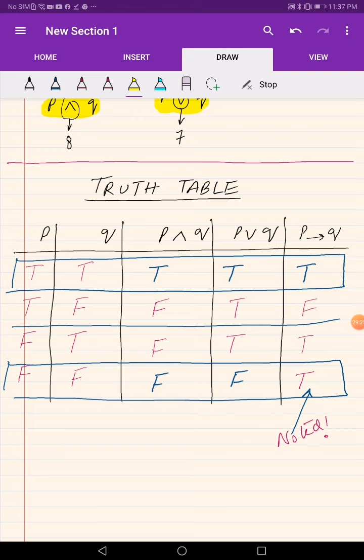First, consider this one. Check. If P statement is true, Q statement is true, yes. If both of them are true, definitely they are true in the conjunction statement. P true, Q false. If one of them is false, definitely this is an overlapping part, it will be false.